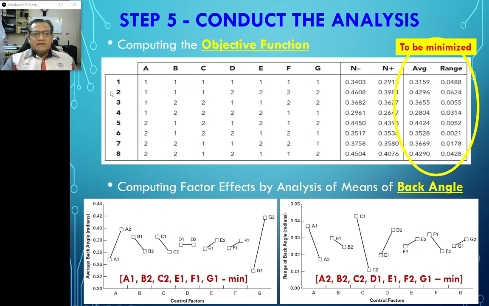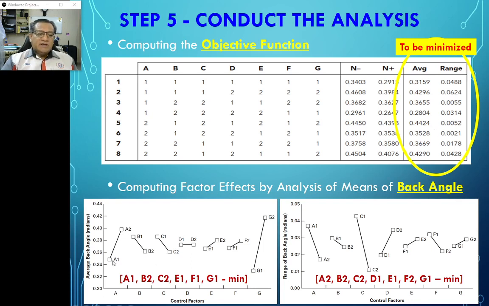Okay, so this objective function metric is completed, and then you need to compute the factor effect analysis by means of angle. So you plot the higher value to the lower value to the higher value. What are the range? So this is the line diagram of the average, which is taken here, and this is the range of back angle measurement, which is derived from here.